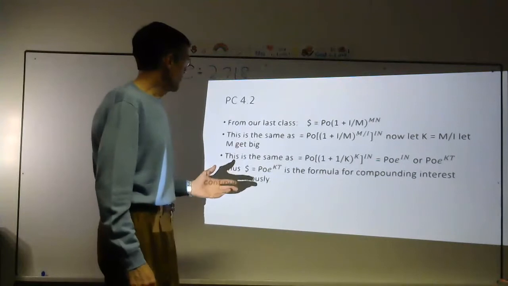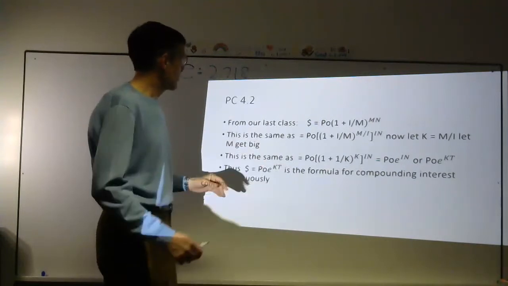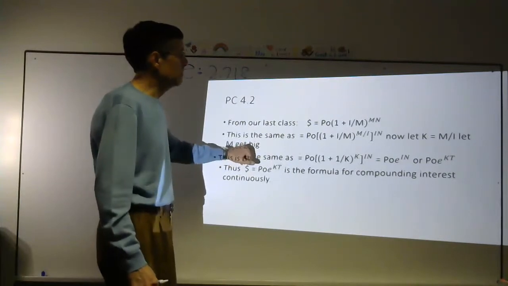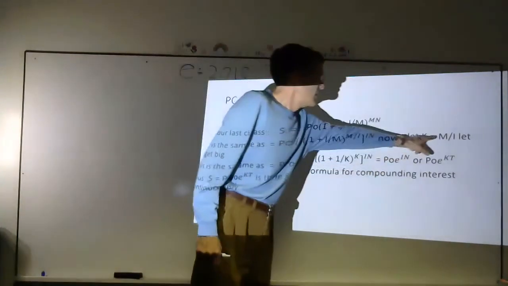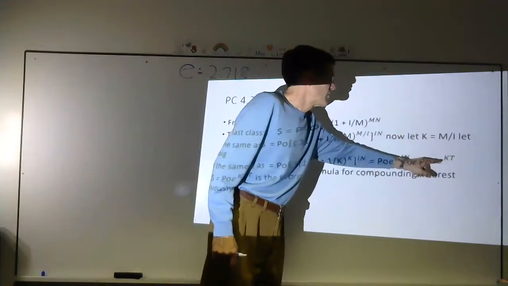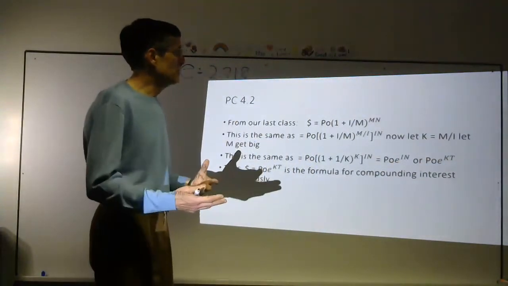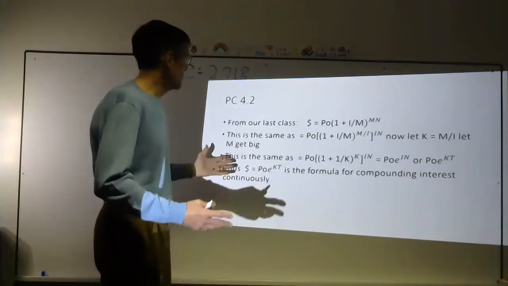Now let's continue and talk a little bit more about what's going to happen. When m gets big, if m gets big and the bottom of the fraction stays the same, k gets big, okay? So when m gets big, k gets big, so the same thing is happening.